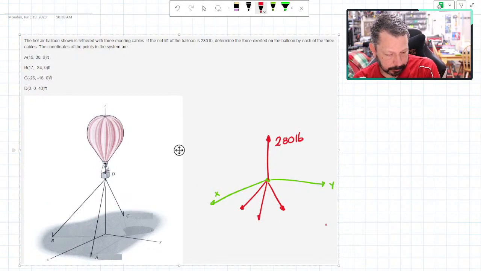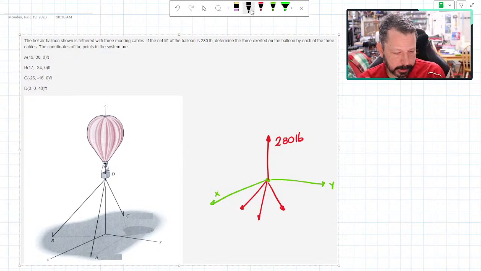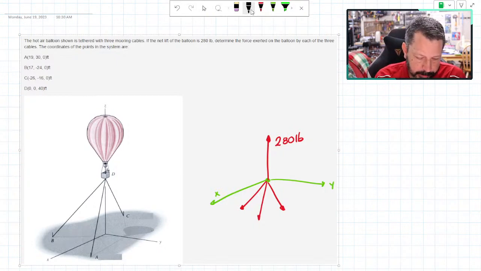Now in this one, they give us the coordinates based on their origin. So we do have to kind of translate what this means with our new origin. So they say that for A, let's see, make sure D, so D is 40 feet above the plane, basically.